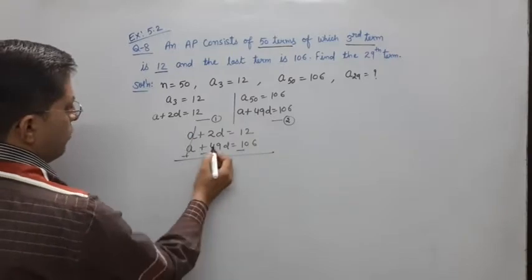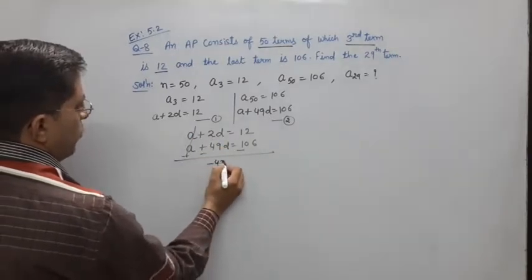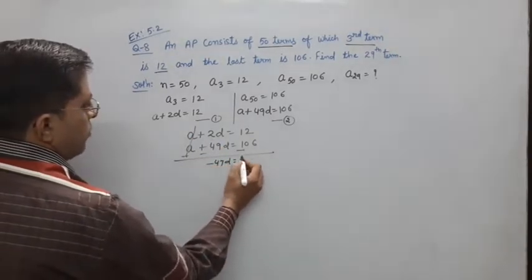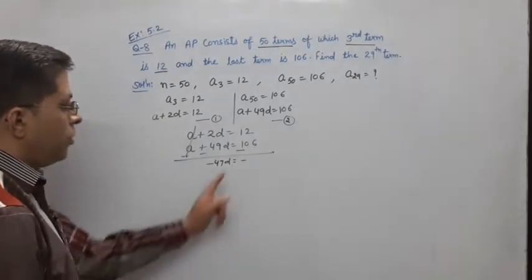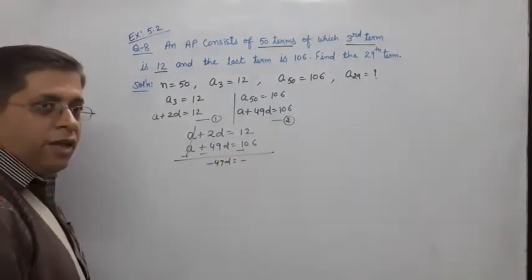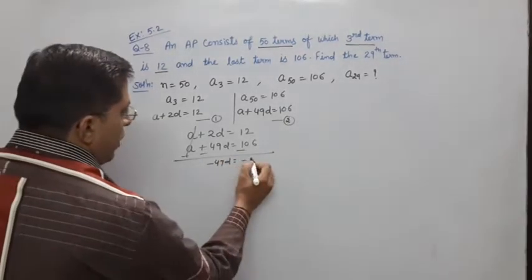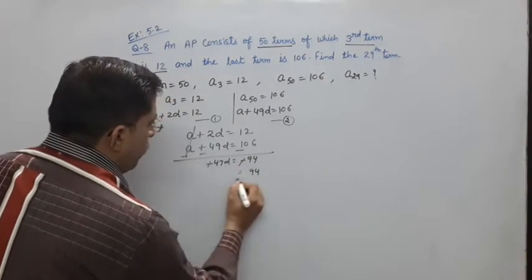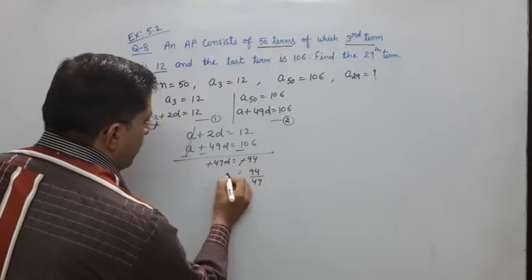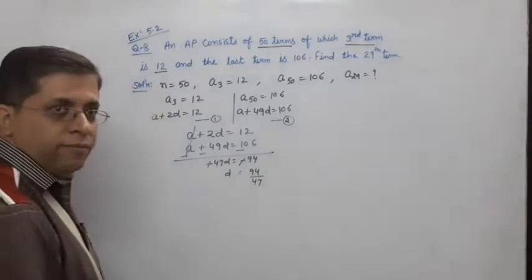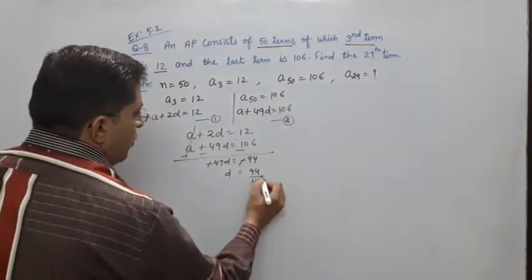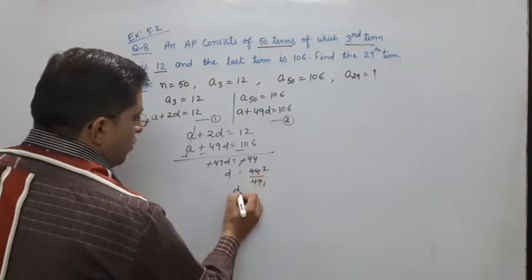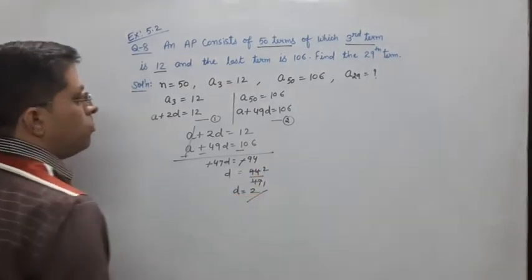A cancels. This is minus 47D, equal to 12 minus 106, which is minus 94. So D is 94 upon 47. 47 twos are 94, so D is equal to 2.